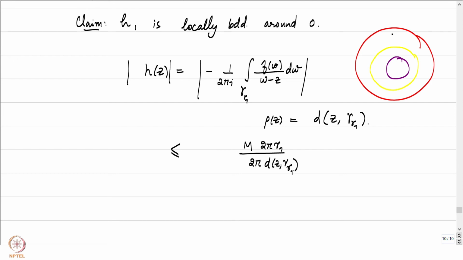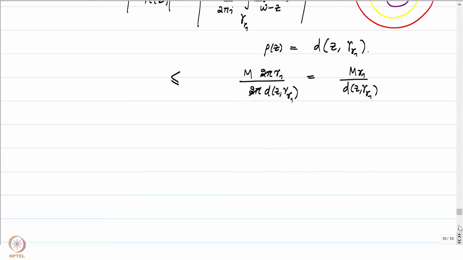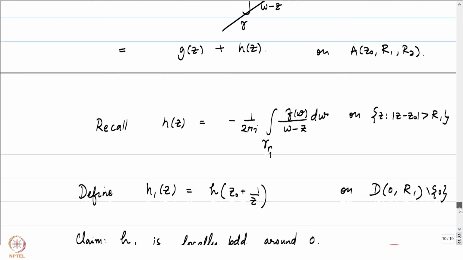Notice that gamma r1 is a fixed circle, so the 2 pi is cancelled off. This is just M r1 by rho of z. And therefore, when mod z is made large, we can arrange for rho of z to be as large as we want, so that h becomes as small as we want.